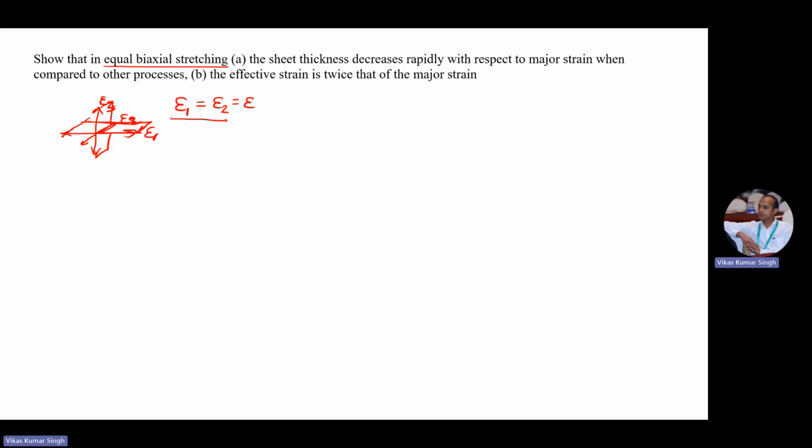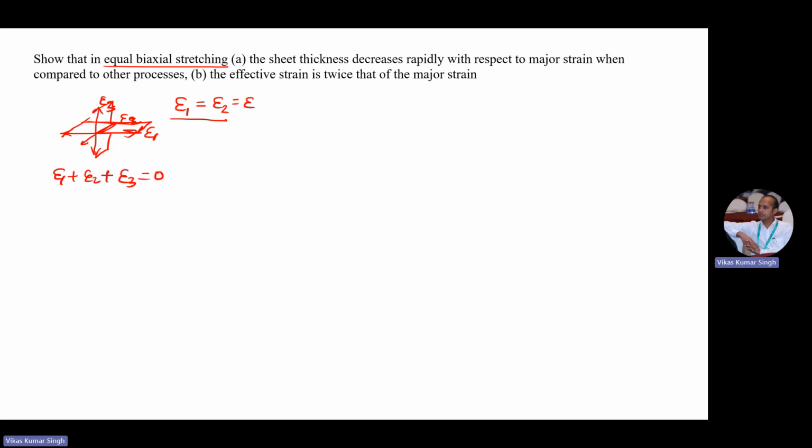Sorry, I read this one as sigma, it's not sigma, it's epsilon. So epsilon will be the same in plane for biaxial strain. For volume consistency, epsilon 1 plus epsilon 2 plus epsilon 3 will be equal to 0.